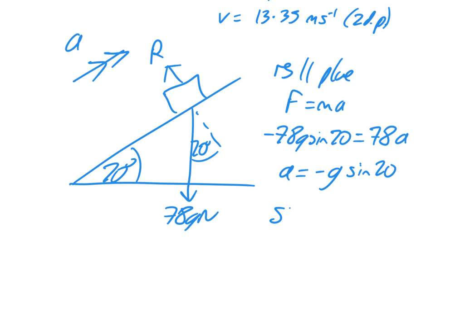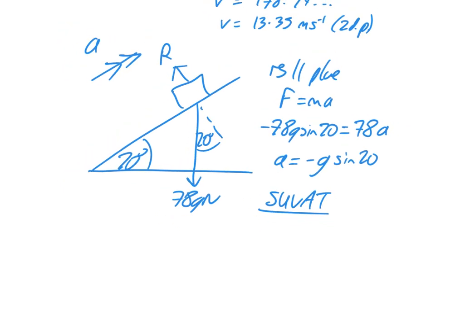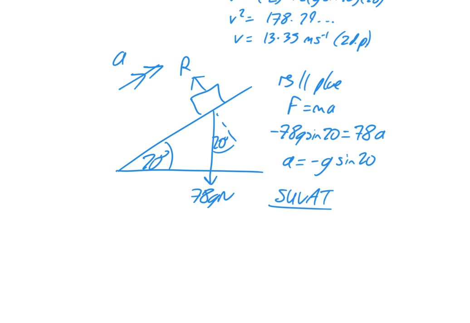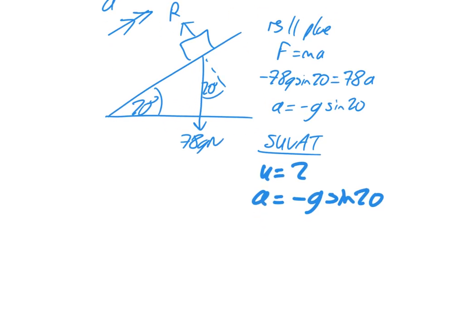Now we're going to use SUVAT, and I'm considering anything going up the plane as positive. So initially my u was 2. My a then is minus g sine 20. My s is minus 26, because I have to go 26 meters down the slope. And v is what I want to find.